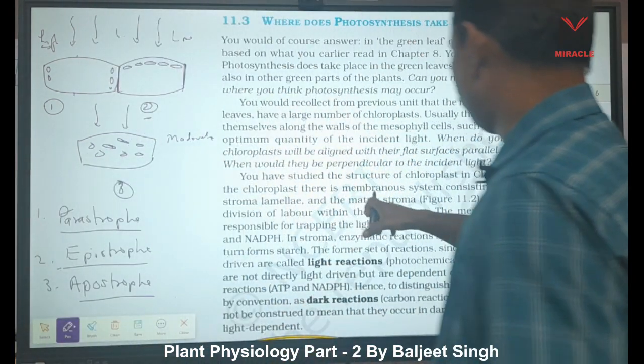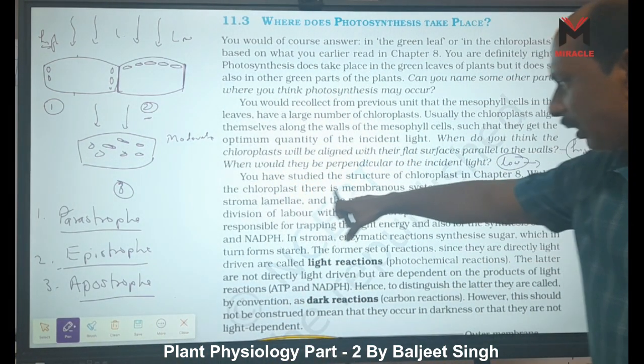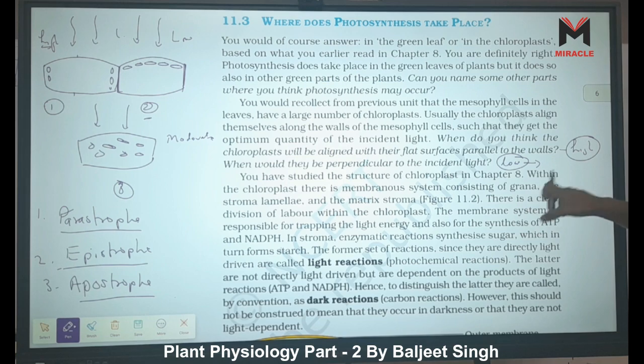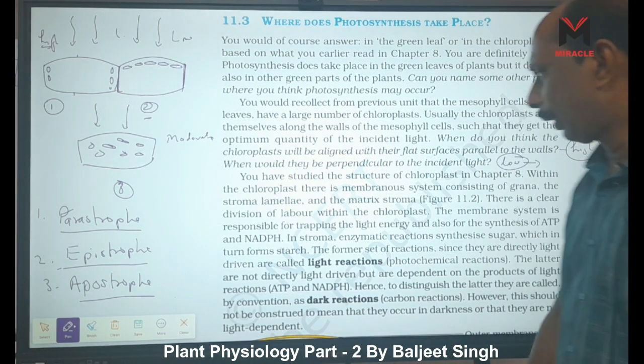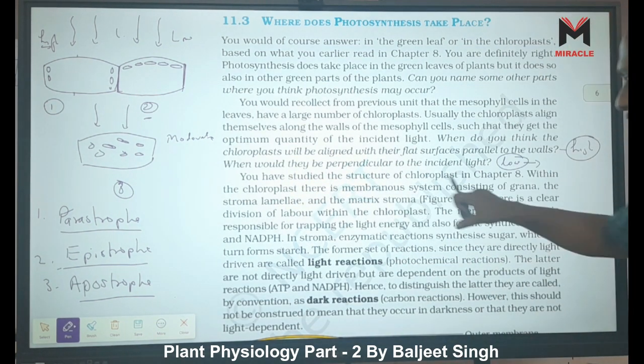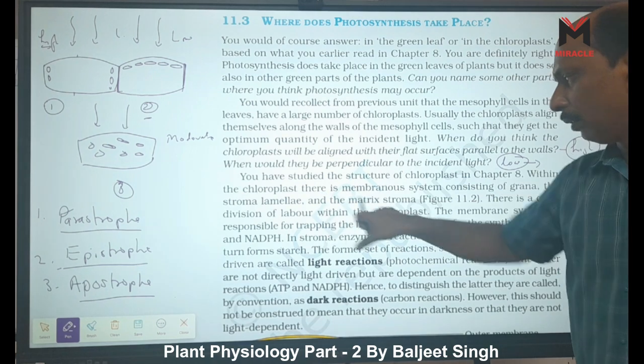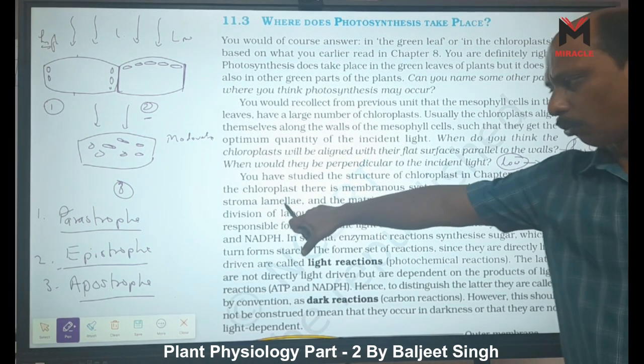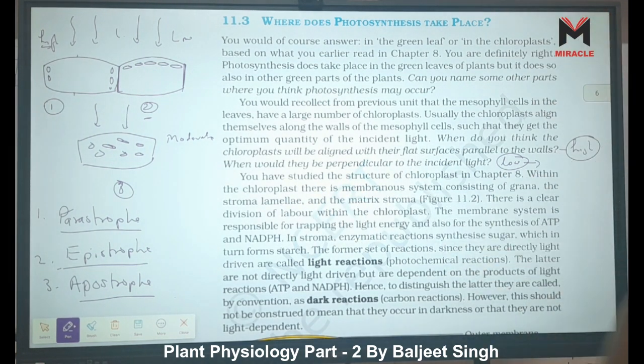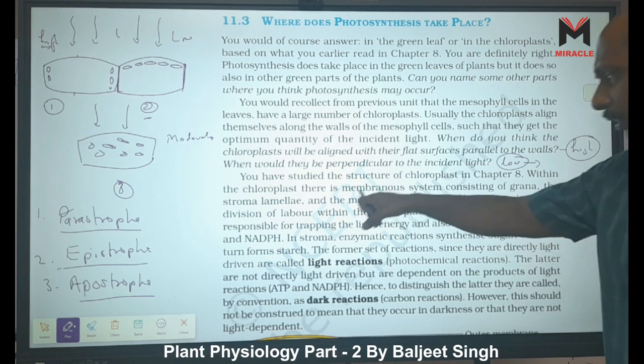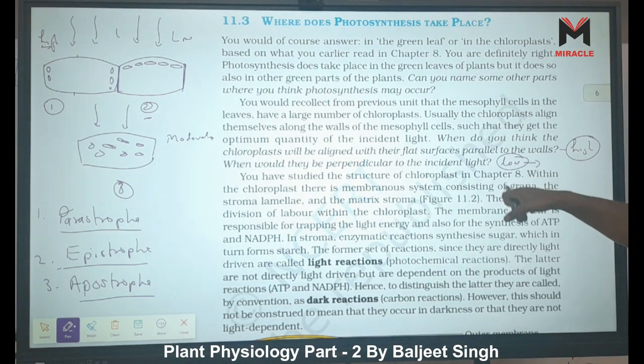It is given here: within the chloroplast, there is a membranous system consisting of grana and the stroma lamellae, right? The matrix is called stroma and the membranous system is called grana, right?